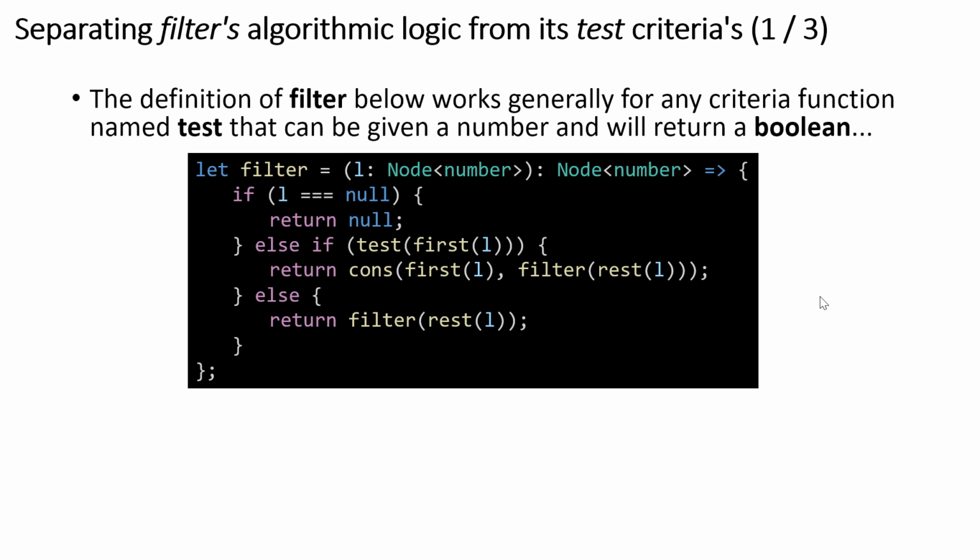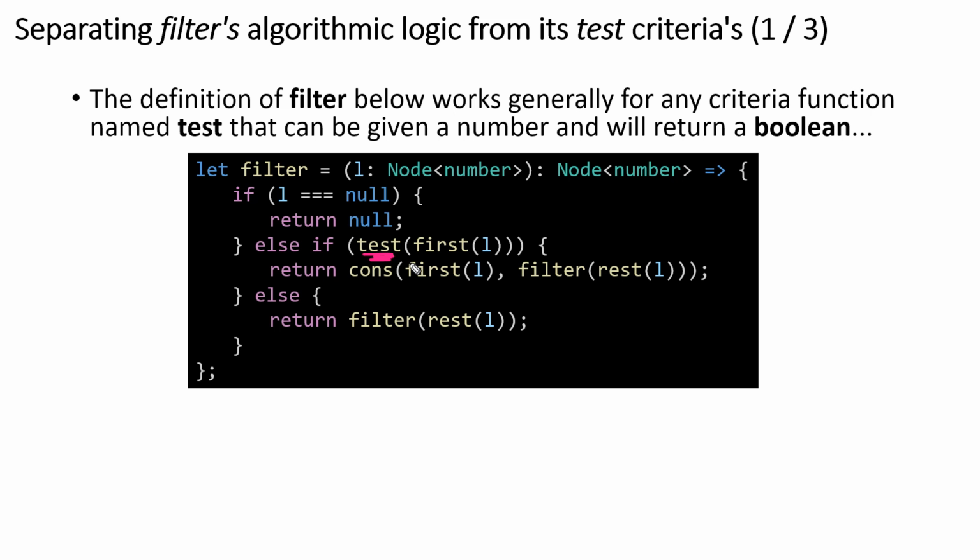So if we think about the definition of filter that we looked at in the second question, right? Filter here is given any list, and then we're using some function named test to decide this logic, right? So maybe that test function implements if this number is greater than or equal to 21, return true, otherwise return false.